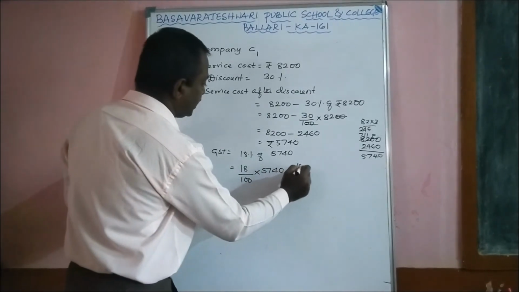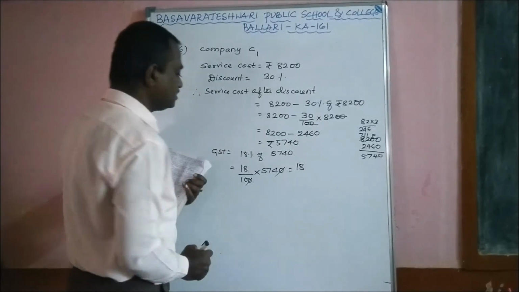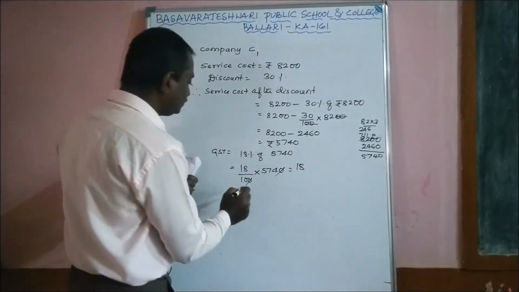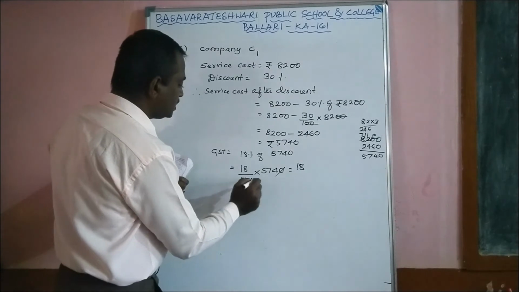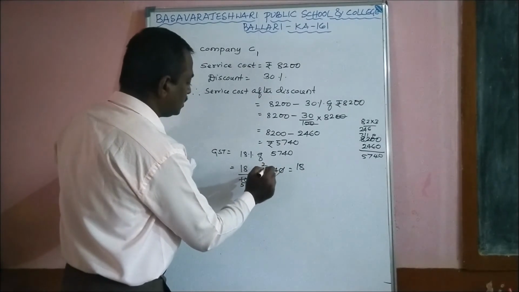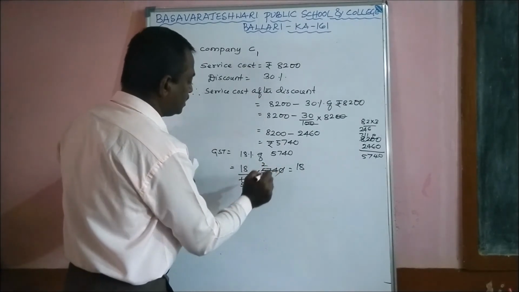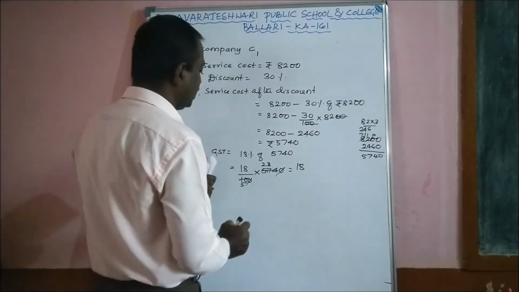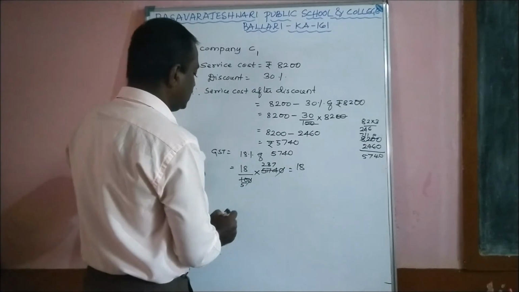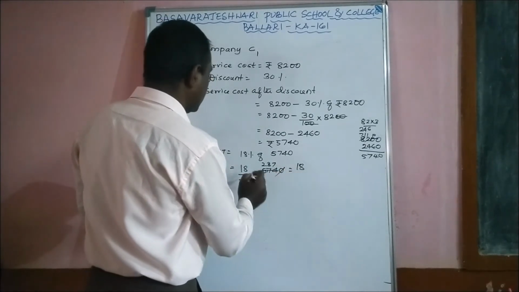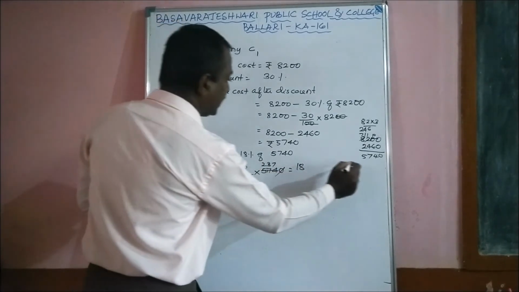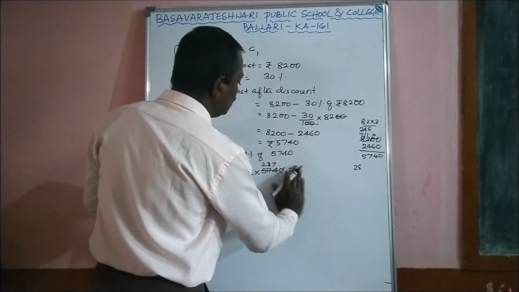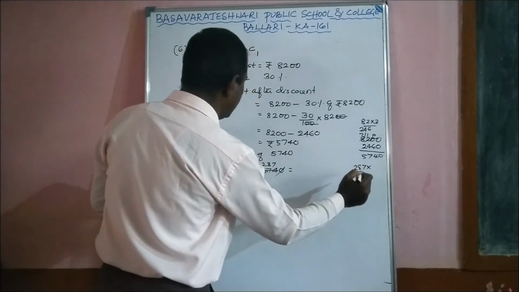Zero and zero cancel. 2 5s are 10, 2 2s are 4, 1 remains. So we have to multiply these: 287 into 18.